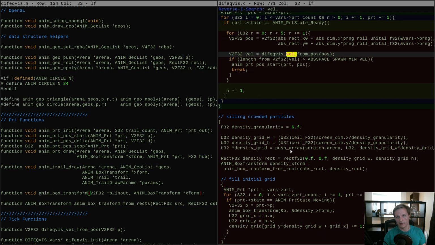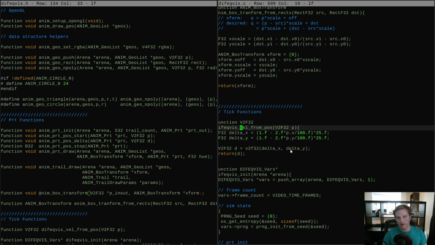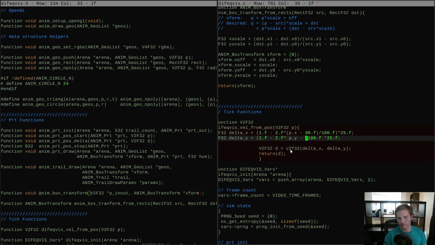And then vel from position, since our finite domain is now, I'm going to make the center just be a little bit off, just for funsies.